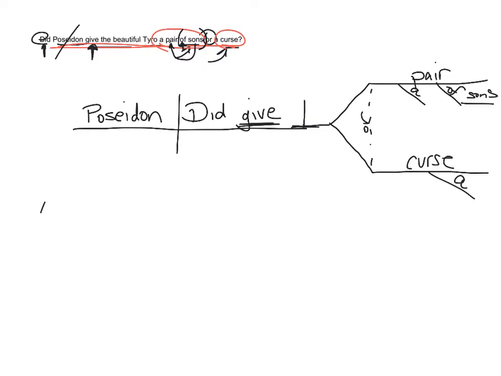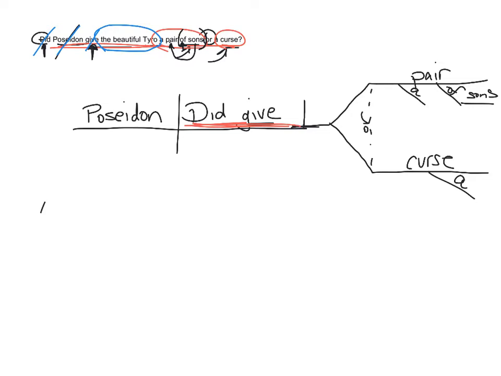So now I want to go through and double check. I have Poseidon did give. Oh, wait, look what I did. We still don't have the beautiful Tyro. Well, what is the beautiful Tyro? It's not the object that's most directly related to this verb, but here's your hint.